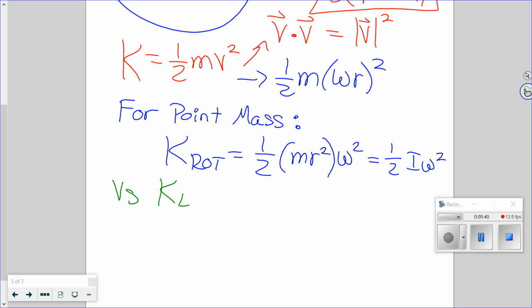K linear was the old one. So your linear kinetic energy would be 1/2 of the total mass, with no r squareds, times the velocity of the center of mass.